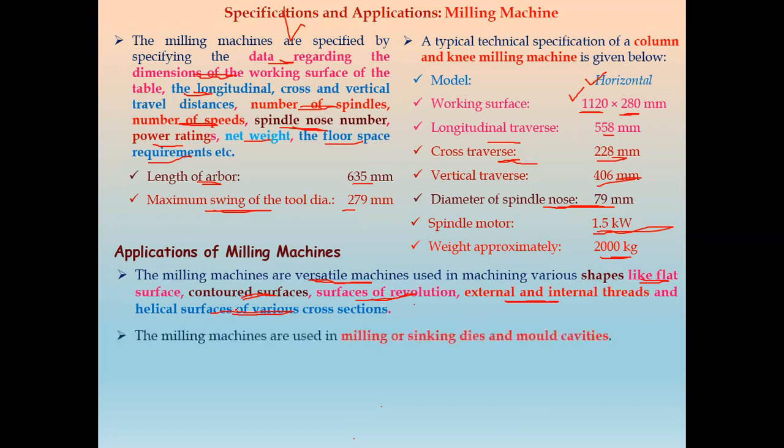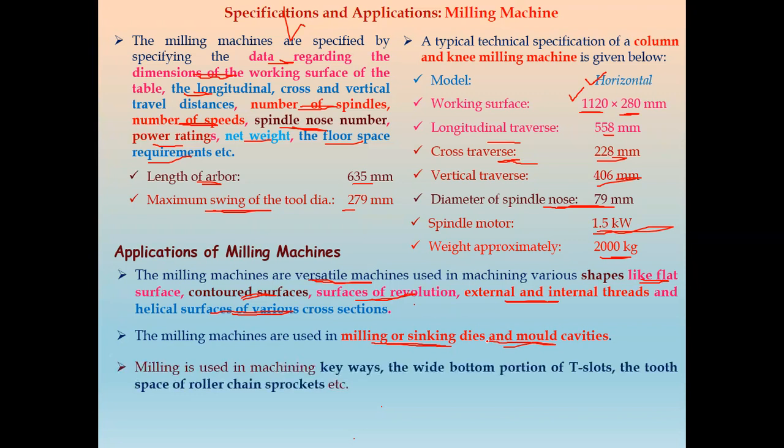The next application is that milling machines are used for milling and sinking of dies as well as mold cavities. To produce dies and mold cavities, we use this milling machine.